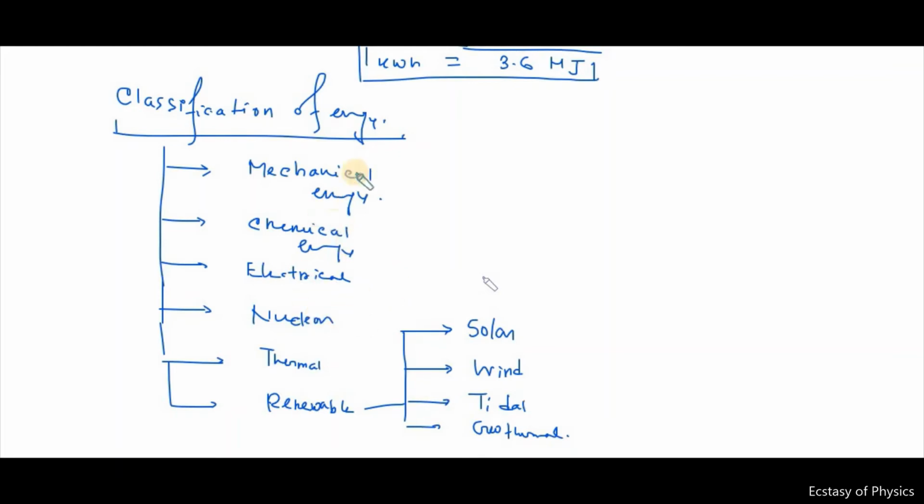Mostly what we have in our sections is mechanical energy. That's the vital one, and we have to analyze mechanical energy properly. Mechanical energy can be classified into two types: kinetic energy and potential energy.